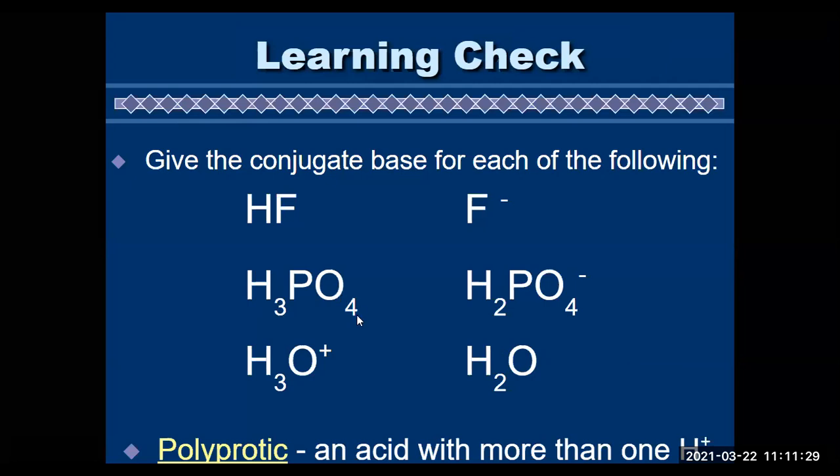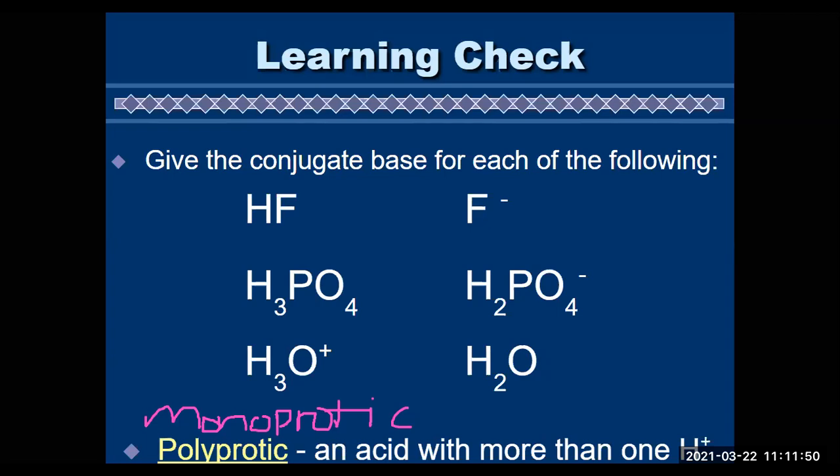If it is only one proton, you call it monoprotic, like HCl, HF, HBr, because you have one proton. But this one is polyprotic because it has more than one hydrogen ion. Any question on this?